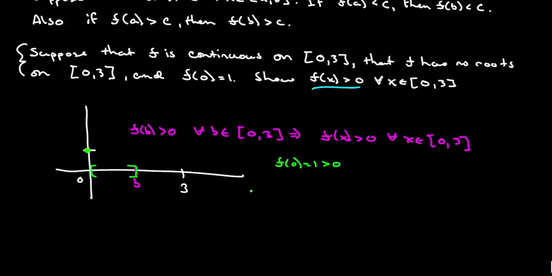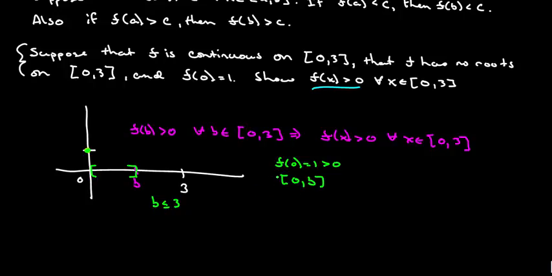Okay. Now, we know that f is continuous, and since it's continuous on the interval 0 to 3, it's surely continuous on the interval 0 to b, where b is less than or equal to 3. Okay.